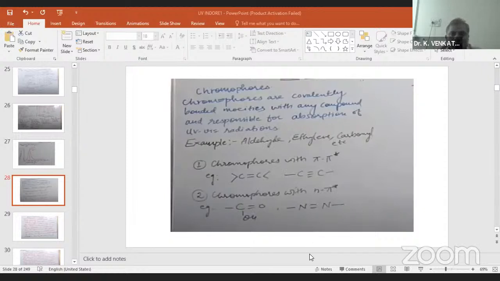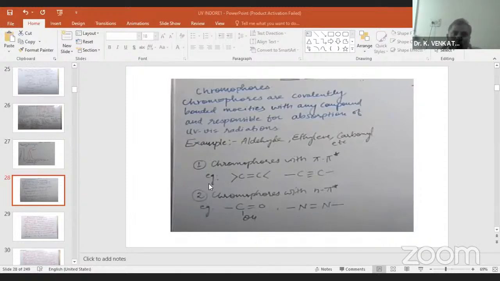So what is a chromophore? We already know what a chromophore is. Chromophores are covalently bonded groups in a compound and are responsible for absorption of UV visible radiation.